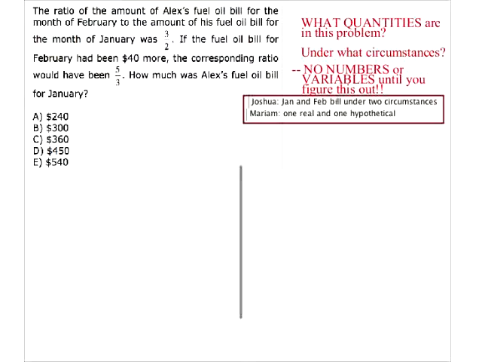So before you do any math, you should have this sorted out, where you're talking about January, February, and then you have an actual and a hypothetical. You can also make this chart the other way. You could make it perpendicular if you wanted to, but that's the point. You got to have this chart. So smiley face if you understand the chart and the fact that we made the chart before we had any numbers or any math. Very important.